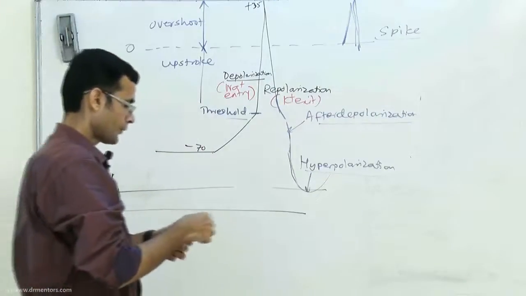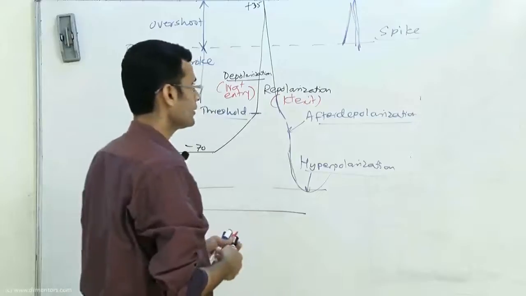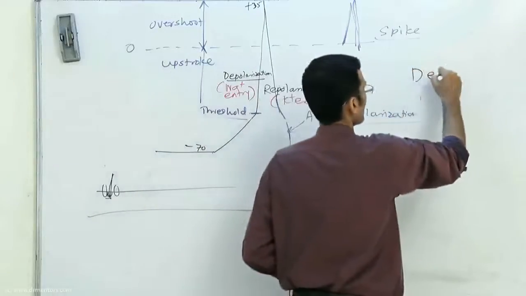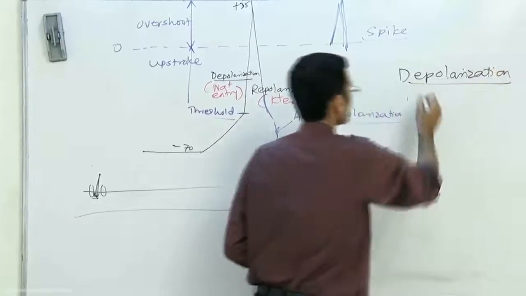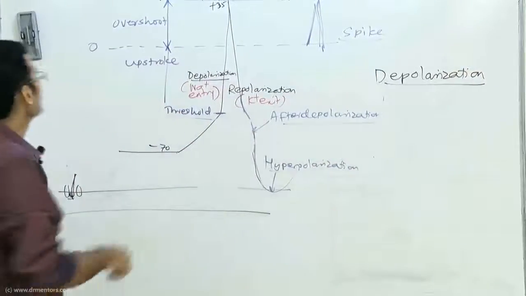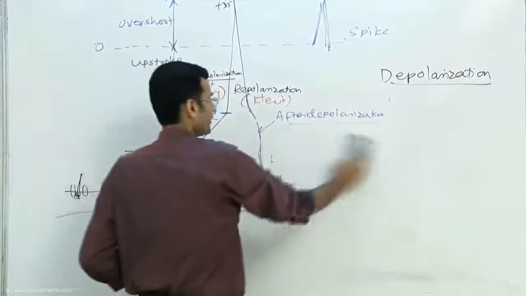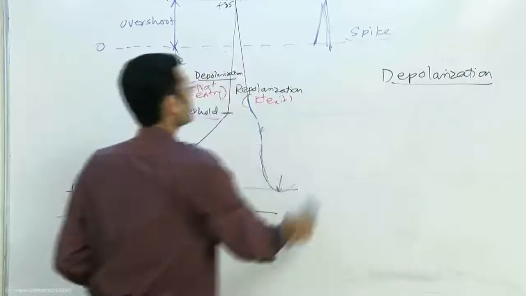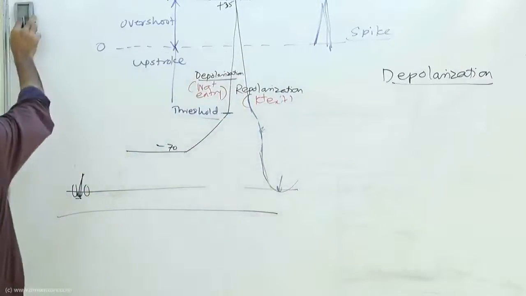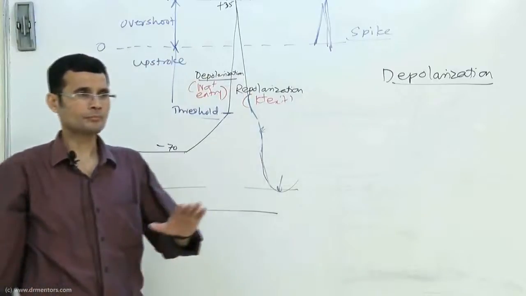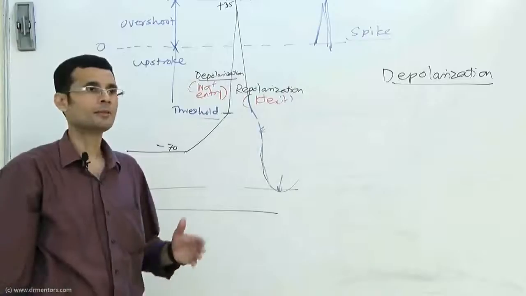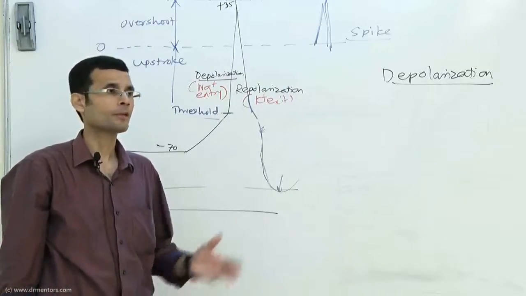Let's start with the process of depolarization first and behavior of sodium channels. I'll just give you an example of how depolarization occurs. Imagine this. This is just an example. Imagine a football stadium.